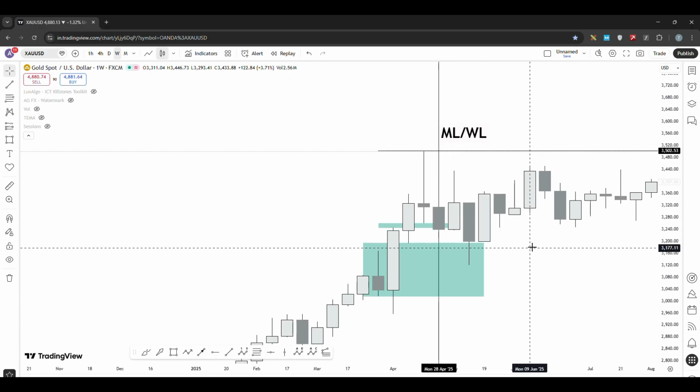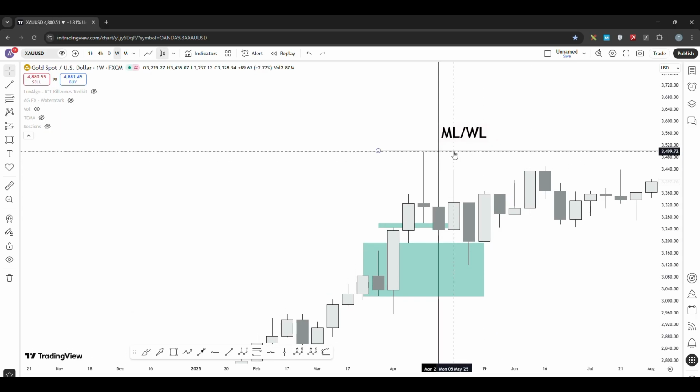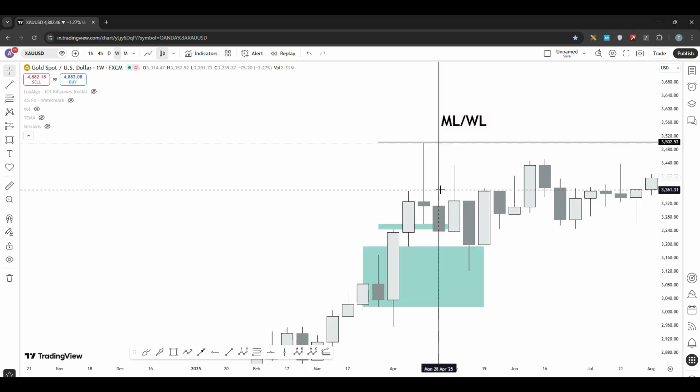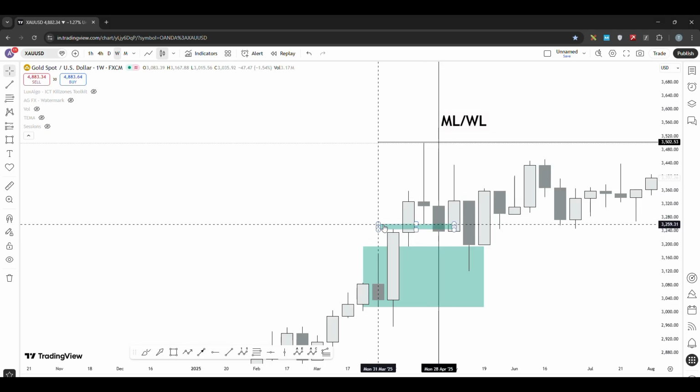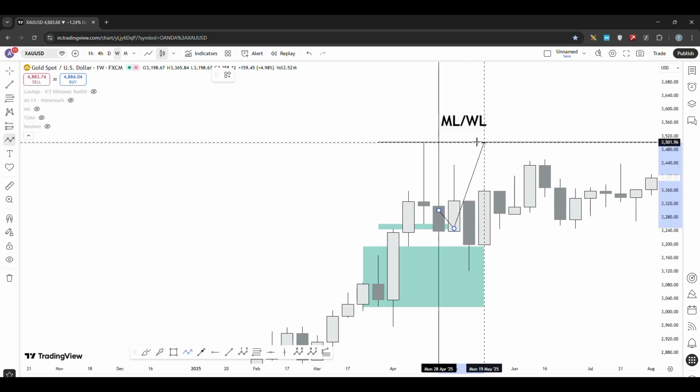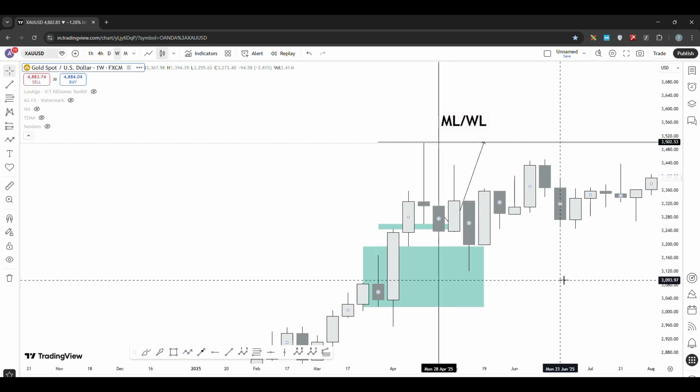Now what you have to do is, you have found the liquidity where market wants to go, that is going to be this high. Now you have to wait for market to come down once this wick starts, tap into this fair value gap, and from here give you a displacement. If you see a displacement from here, then you will look for an entry and you will target this high.